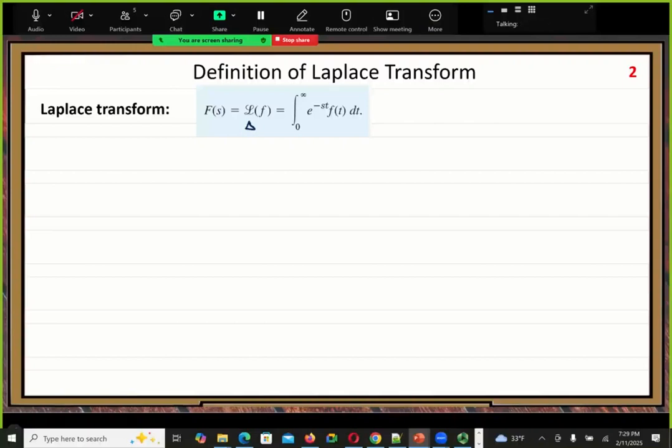Then, the integral from 0 to infinity of e to the negative s times t. S is treated as a parameter.